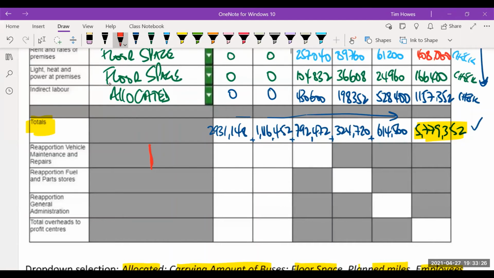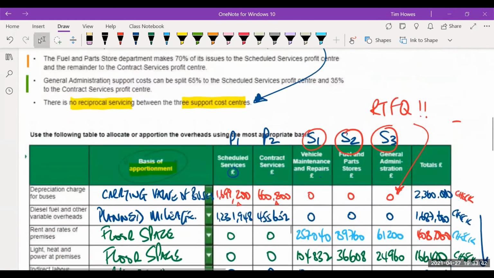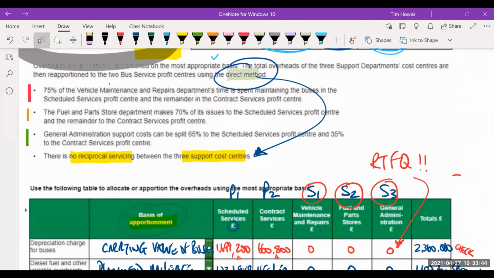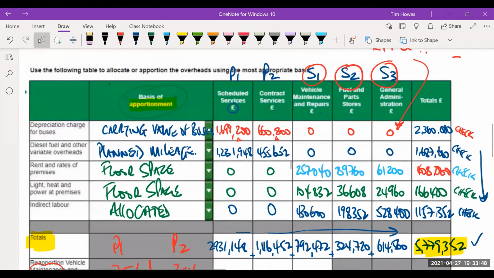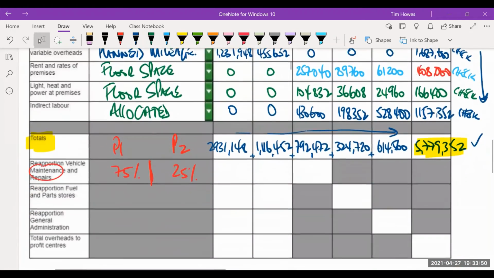So this is P1 and P2 as a working, and it says the maintenance department spends 75% of its time for P1, which must mean 25% of it is for P2, of course. Just double check that I've pulled that correctly. 75% and therefore 25%.